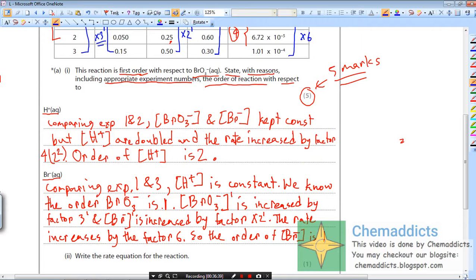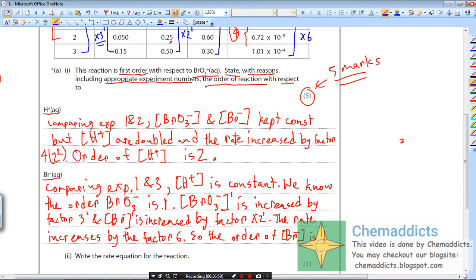As you can see, the total mark for this question is 5 marks, and we need to deal with it. Well fellas, I don't want to talk any further.